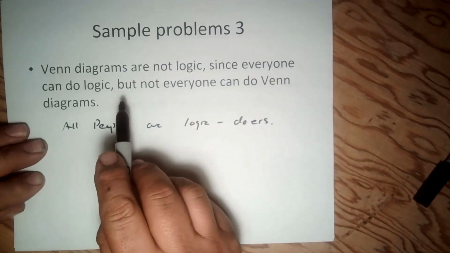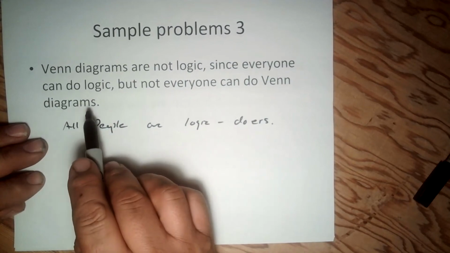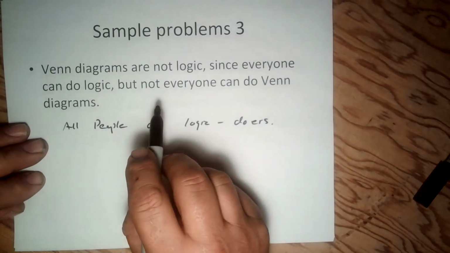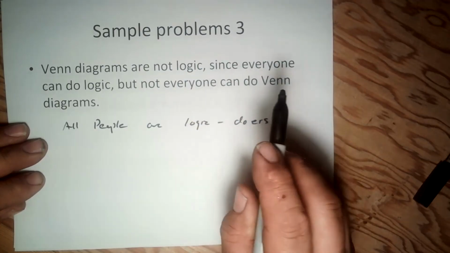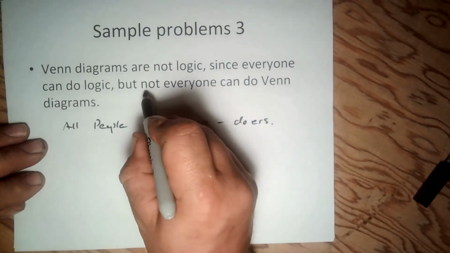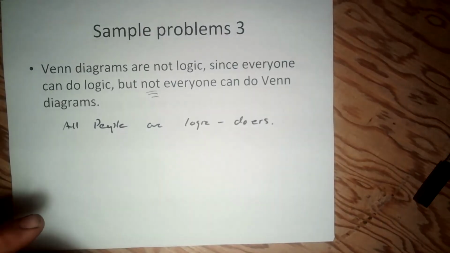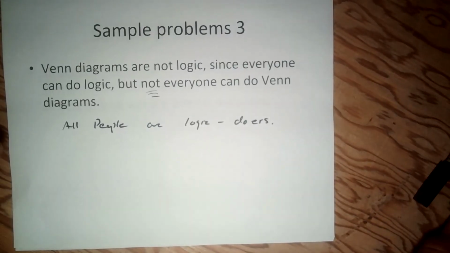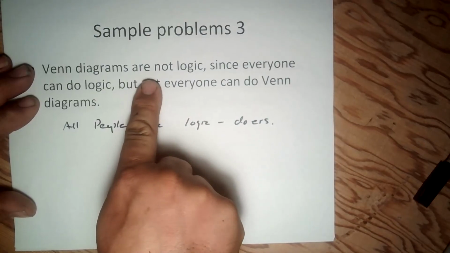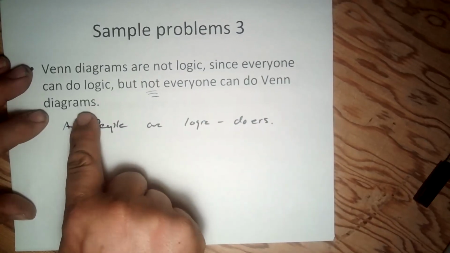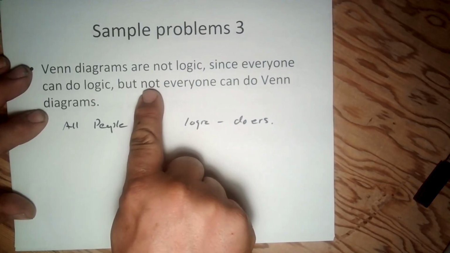Next premise. Not everyone can do Venn diagrams. Now when we say not everyone, you might even want to think of the not, and this is why we did direct inferences. Remember when I told you about contradictions? Ignore the not for a minute. Everyone can do Venn diagrams. We know what that statement would be.